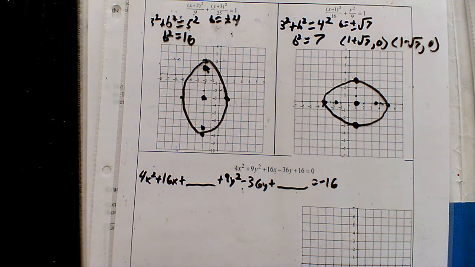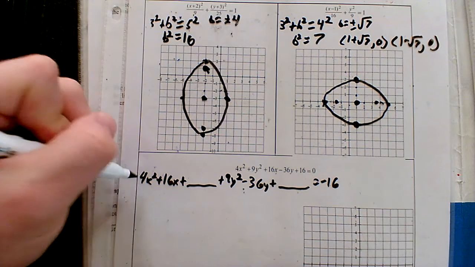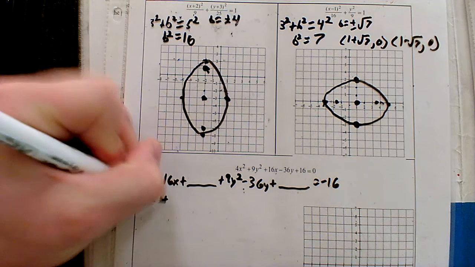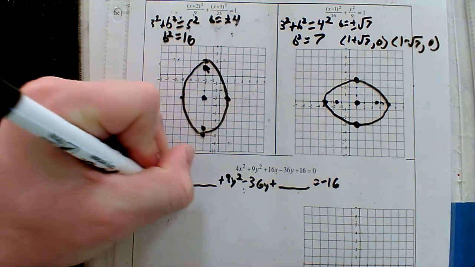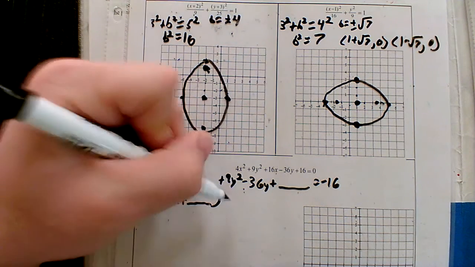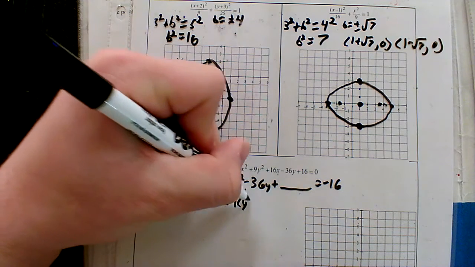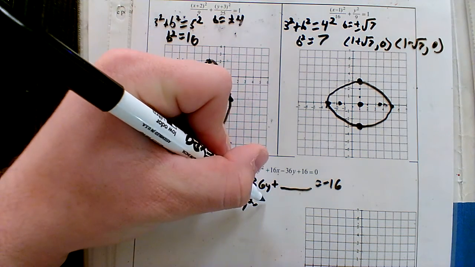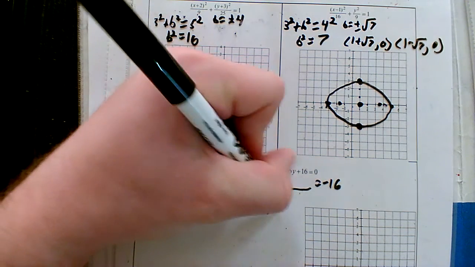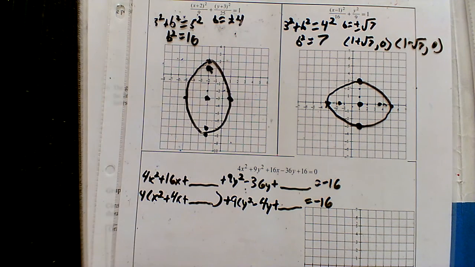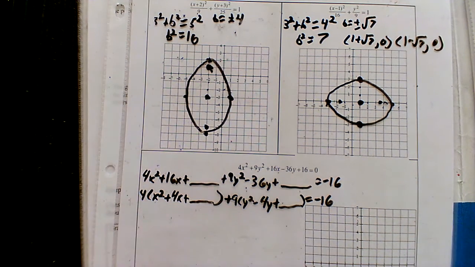Before we complete the square, I'm going to make it a little easier on you, so don't complete the square yet. We can pull a 4 out over here. So we get 4 times x squared plus 4x plus blank. On the y's we can pull out a 9. So 9 times y squared minus 4y plus blank. That's just factoring out those 2 values to make it a little easier to complete the square.